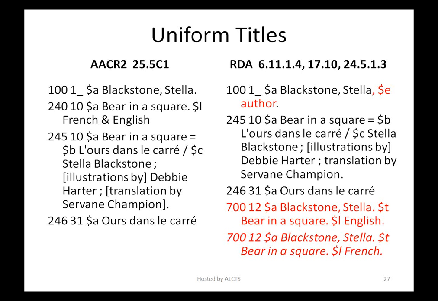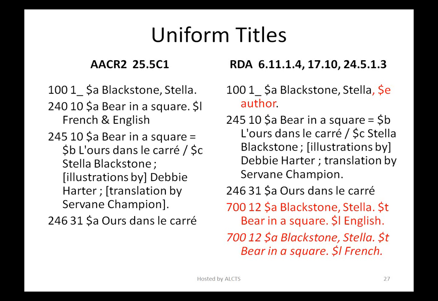In RDA, we don't have those kinds of constructions for names of expressions. Instead, we're told that if a single expression of a work involves more than one language, record each of the languages. And you can see that in the RDA example where each of the languages is recorded here as an access point in the 700 analytical entry.